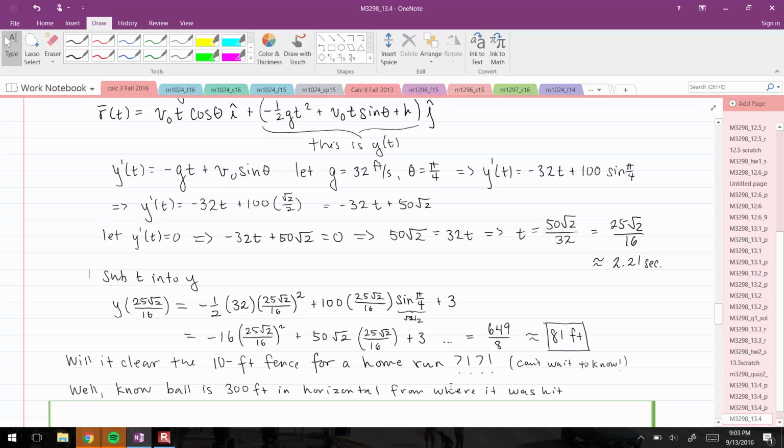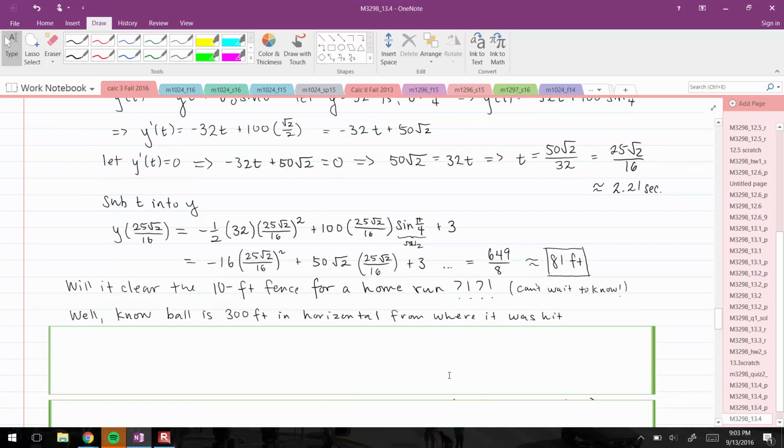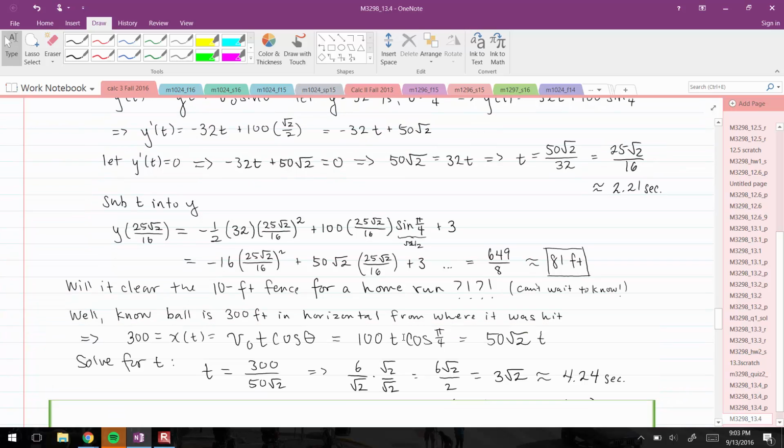We do need to have this x component come into play here. We know it's 300 feet in the x, and we know the horizontal component of the position function, so we can just let 300 equal that component and find the time for which that would occur.